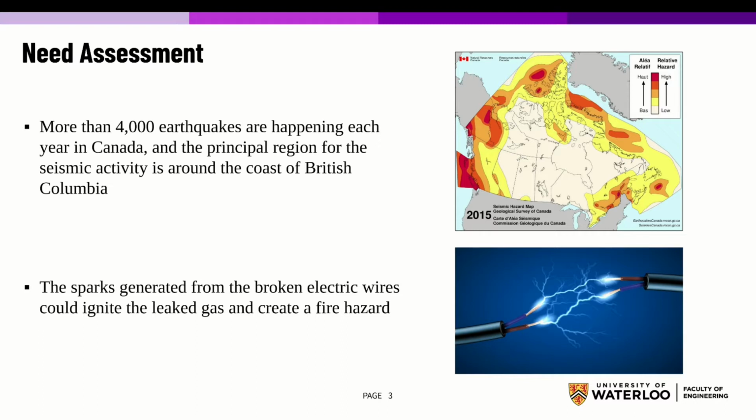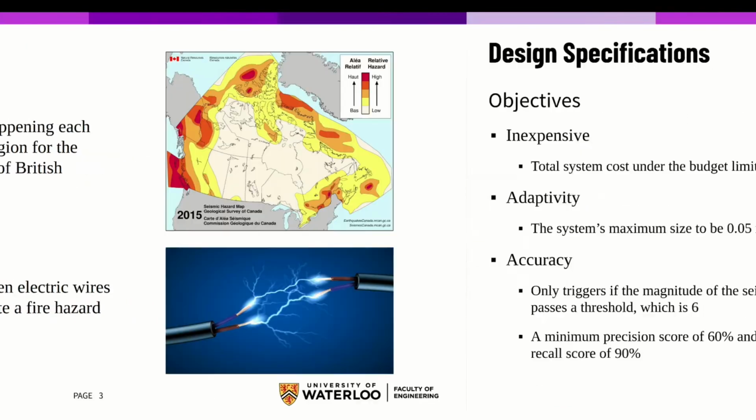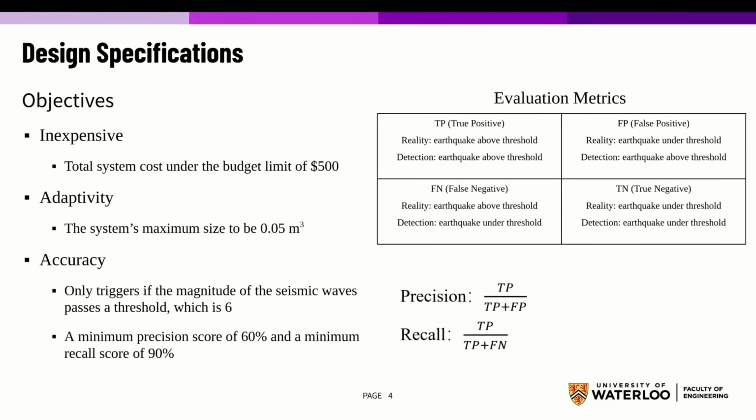In this project, our group decides to design a system that reduces the collateral damage of the fire hazard resulting from the broken gas and power lines in a household after the earthquakes. Since people will prefer the system design to be inexpensive and affordable, the first objective for the design is to reduce the total system cost under the budget limit of $500.